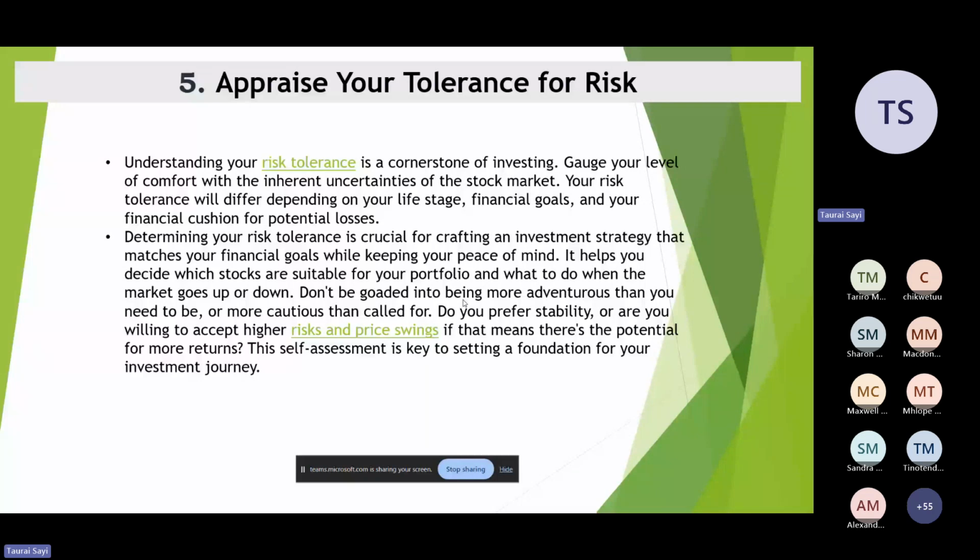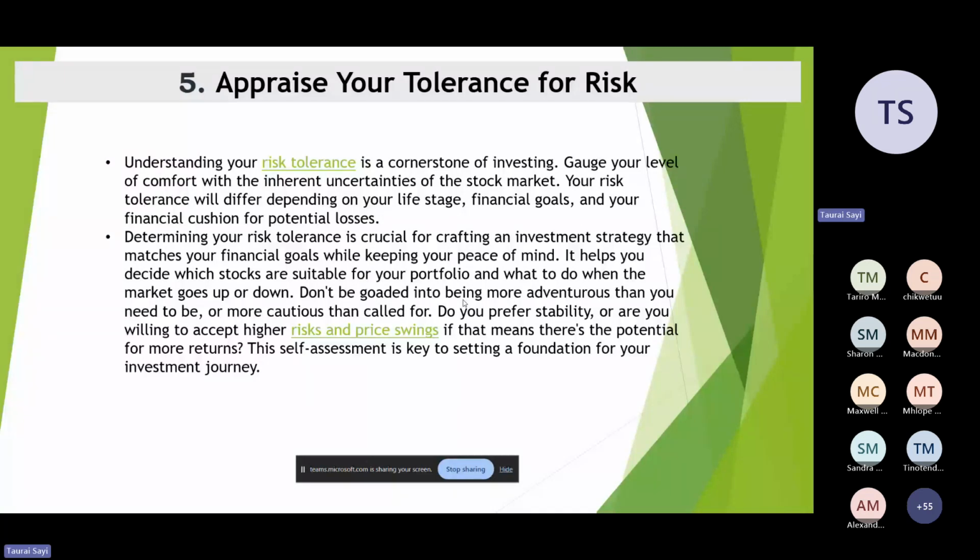Don't be pushed in or be more adventurous than you need to be, or more cautious than called for. Do you prefer stability, or are you willing to accept risk and price swings if that means there is potential for more returns? This self-assessment is key to setting a foundation for your investment journey.